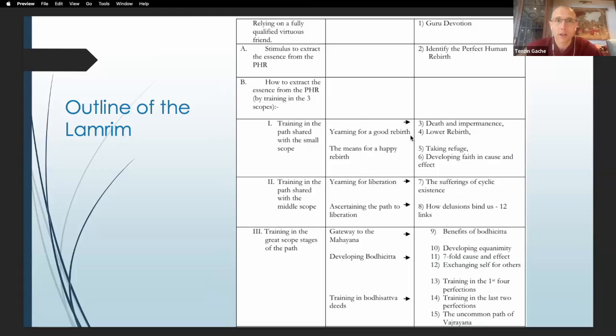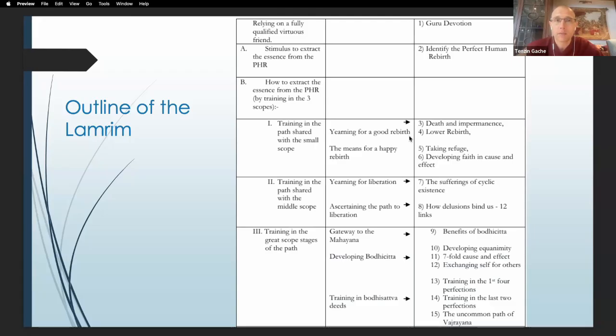We see it starts even before the outlines with relying on a fully qualified virtuous friend. This table I took from a previous course that was taught at Kopan, so this was available.